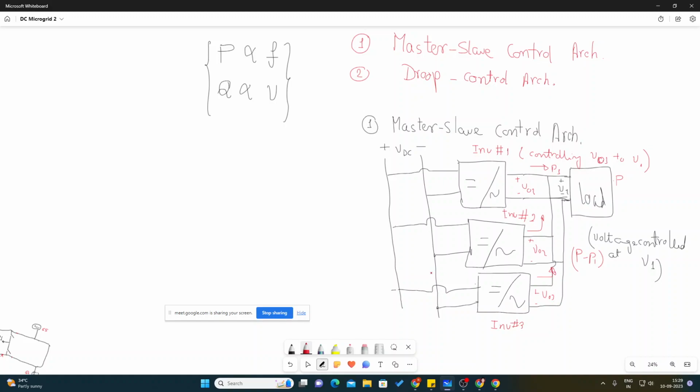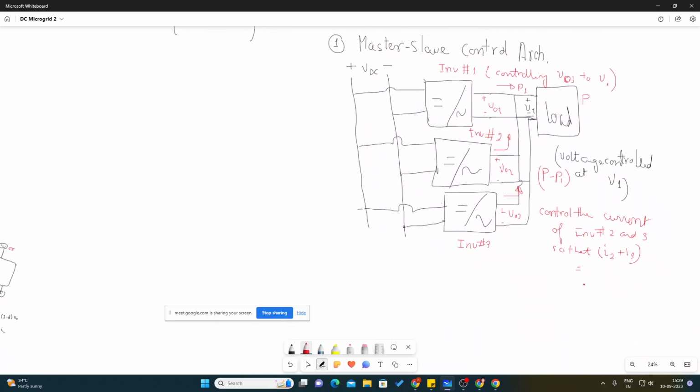So what we now have to do is control the current of INV2 and 3, so that I2 plus I3 should be equal to P minus P1 divided by V1.